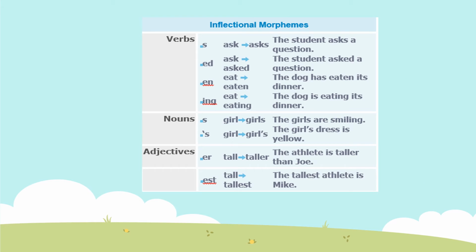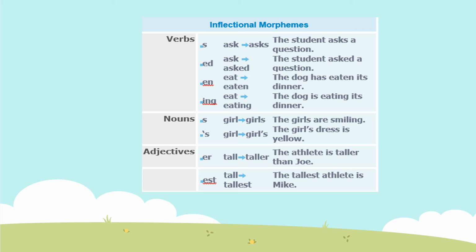Here are some examples of inflectional morphemes. In the verb, we have ask. If we add s to ask, it becomes asks. Example, the student asks a question.